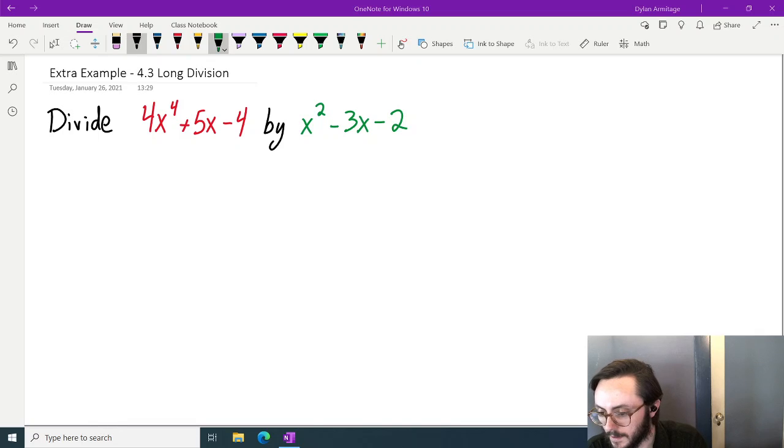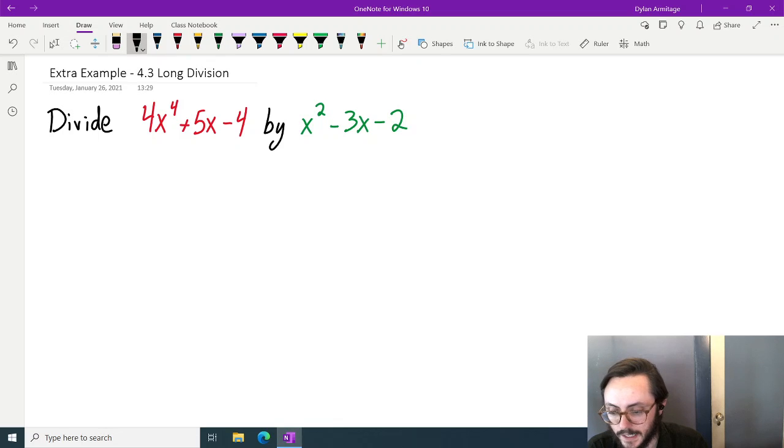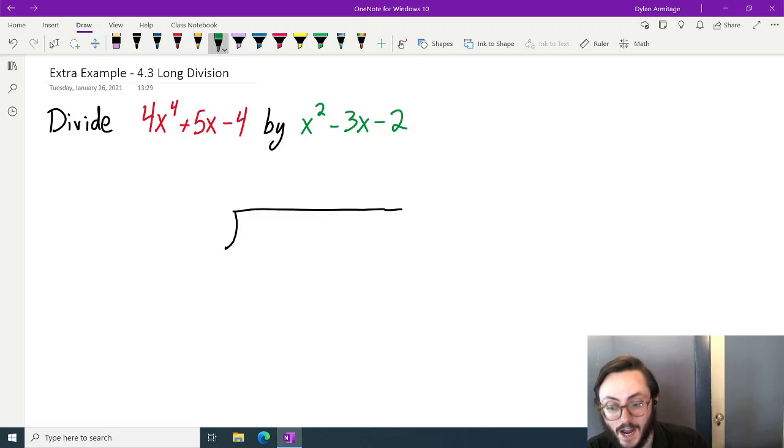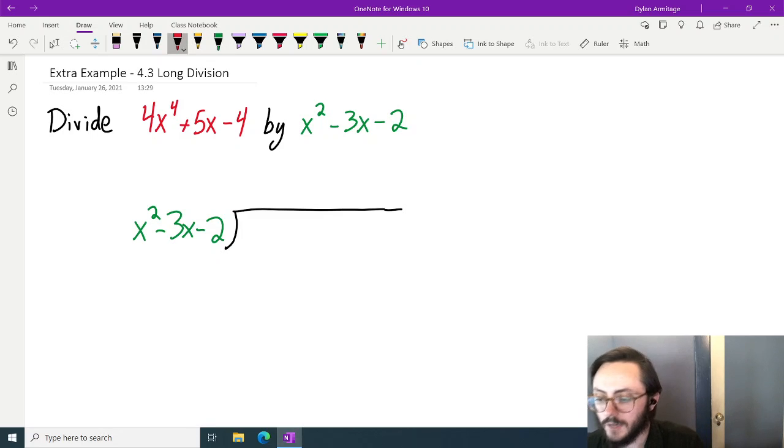So let's go ahead and set this up. We have our little division symbol. We put our divisor on the outside first: x squared minus 3x minus 2. And on the inside, we put our dividend, but we want it to include every single term.